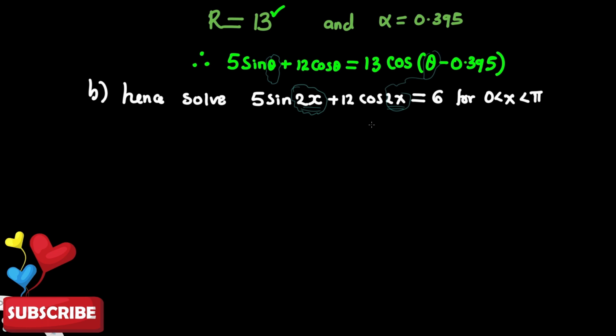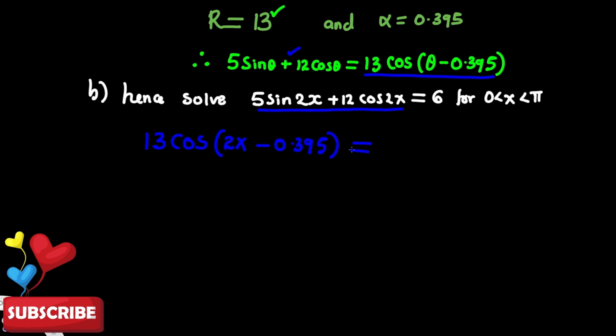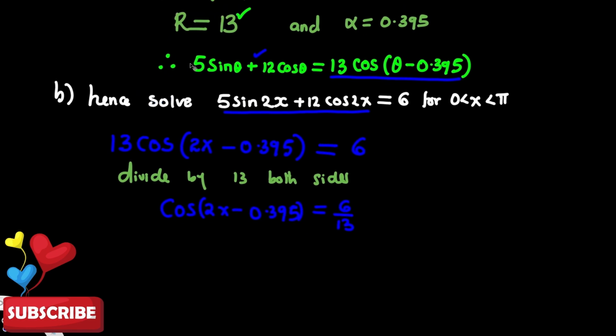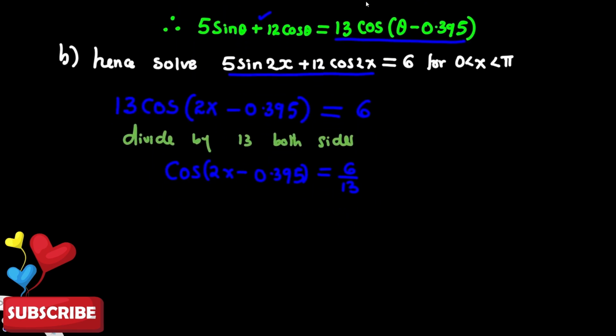So we can write this expression as 13 cos(2x minus 0.395) is equal to 6, so we can divide both sides by 13, and then our question simplifies to that. Right.